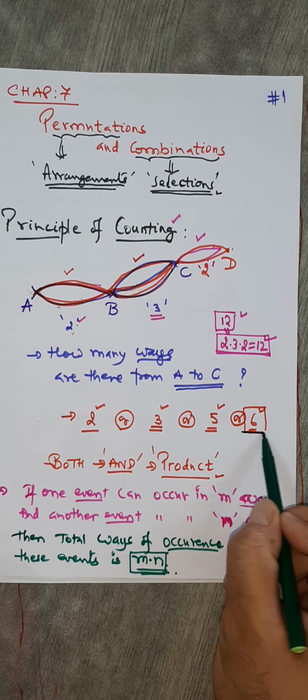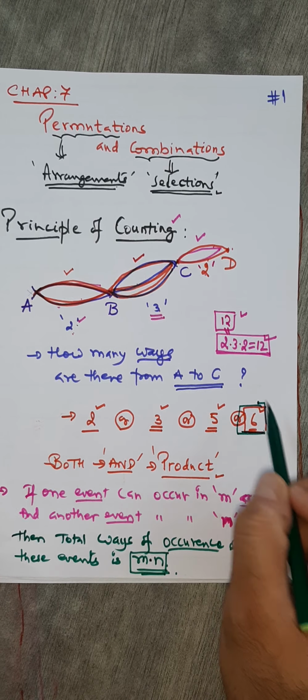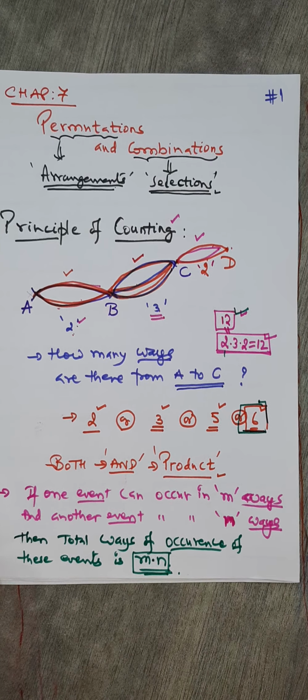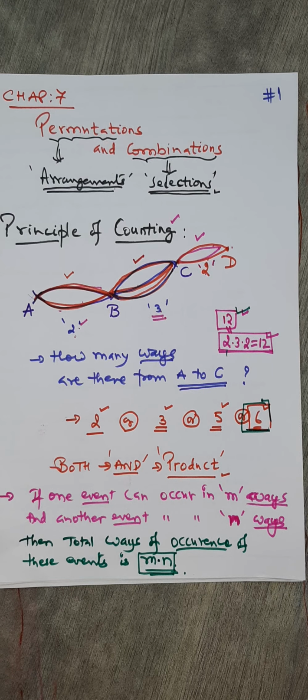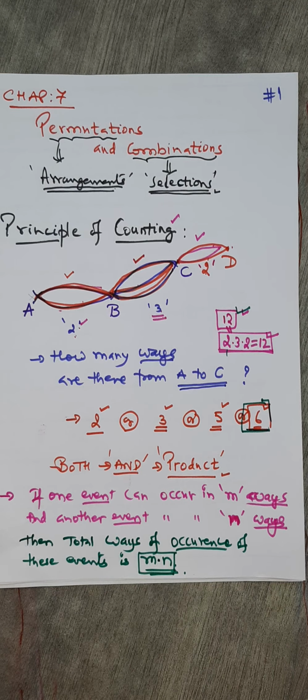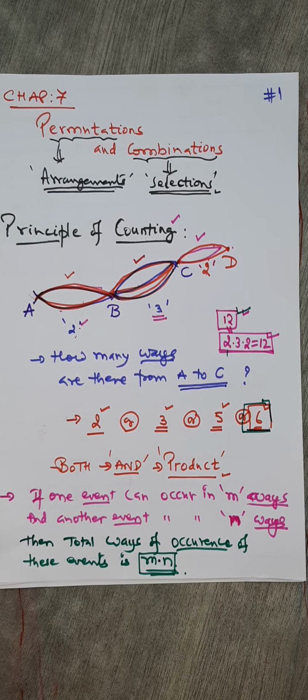As I explained, your answer is 6 for 2 events, and with 3 events the answer is 12. We'll use the counting principle effectively in this chapter. I've just written it here for 2 events, remember.